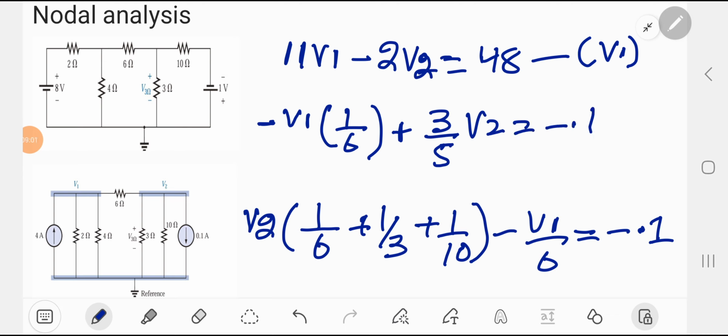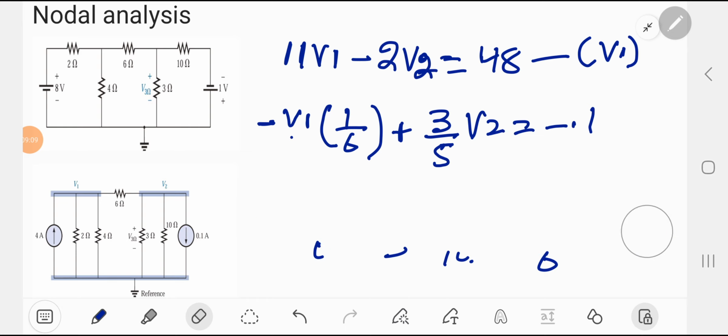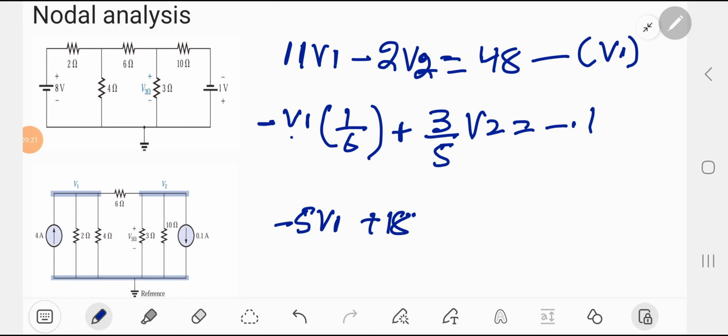If we multiply this by 30, our equation will look like this: 5V1 plus 18V2 is actually equal to minus 3. So this is the equation for node V2.